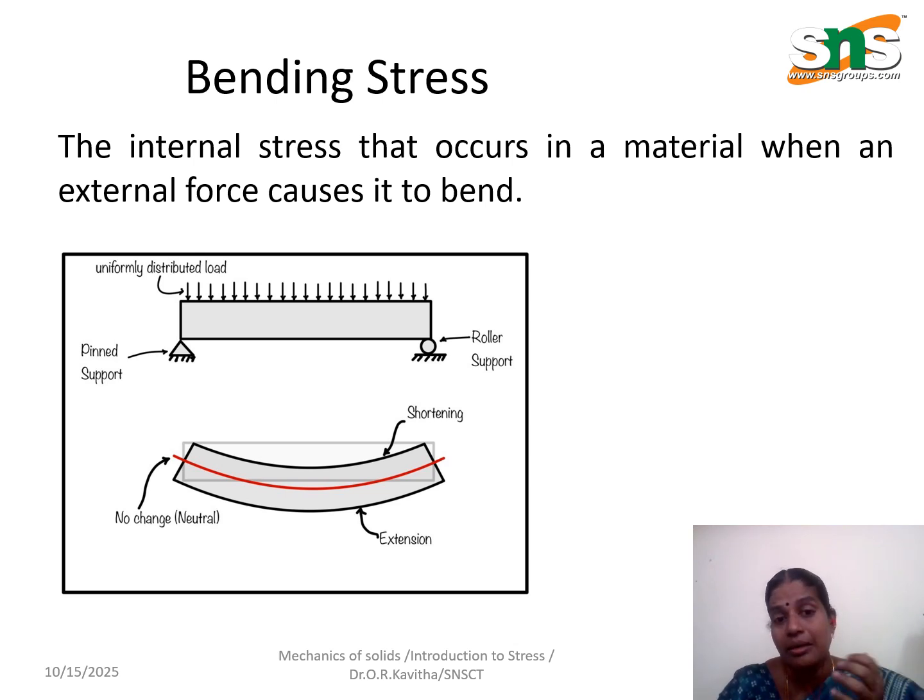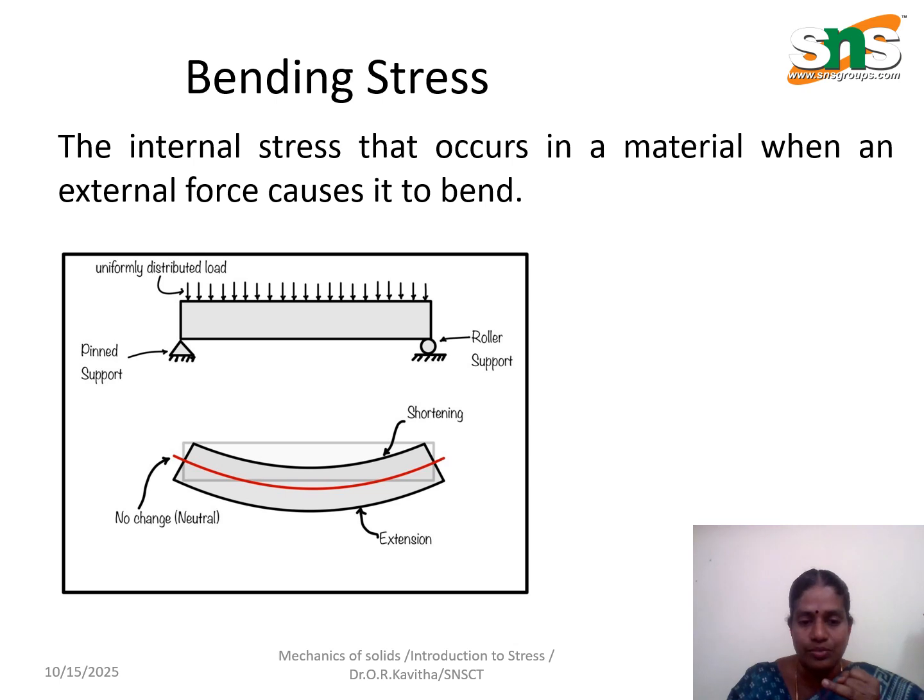And the next one is the bending stress. Here you can see this is a simply supported beam, and here a uniformly distributed load is acting on the beam. Whenever any beam or any structure is subjected to loading, there may be bending. The examples of a flexural member in a structure are a beam and also a slab.